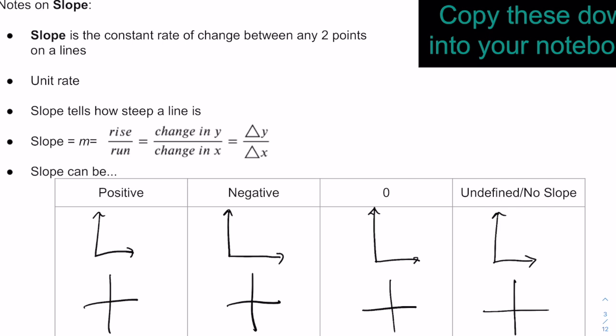So we have 4 kinds of slope. If the slope is positive, we on the graph would see that line going up from left to right. Like in the walkathon, the person that got $2 every kilometer, every time they walked a kilometer, we added $2 and we saw the value of their money going up.